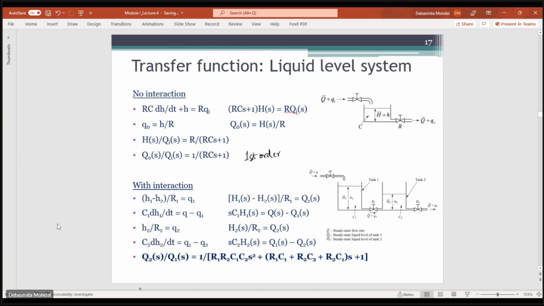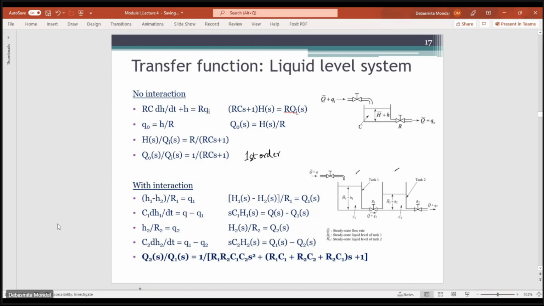But in case you have an adjacent connection, so there are two tanks. The outflowing liquid from this tank goes as the input of the second tank, and there is another output. If you have this kind of a cascaded system, or a system with interaction, where the output of one system acts as an input to the second system, you cannot just take the transfer functions of system 1 and system 2 and multiply them.